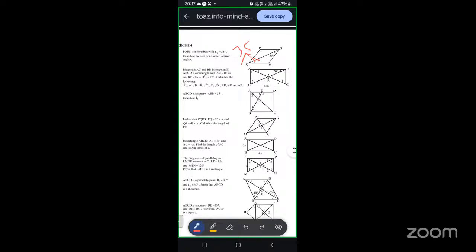Yes, sir. Thank you guys, because this line is parallel to that one, so they form this Z shape here. Now we have this angle as 35, this one.